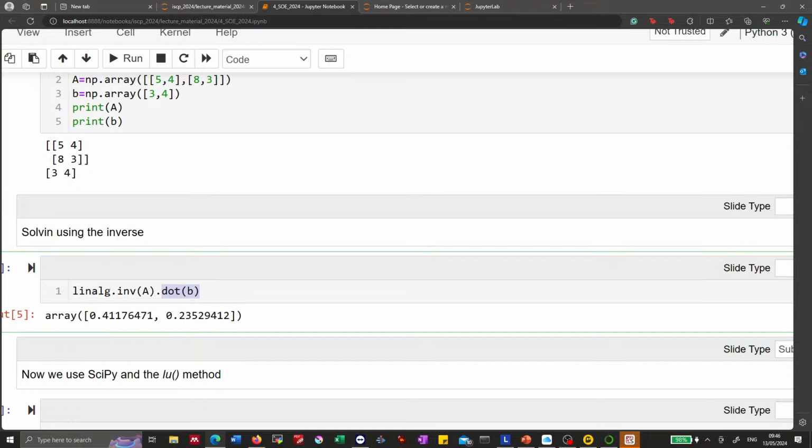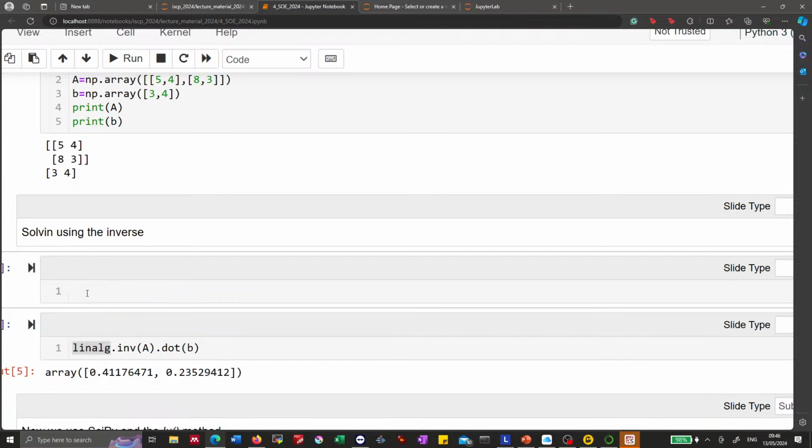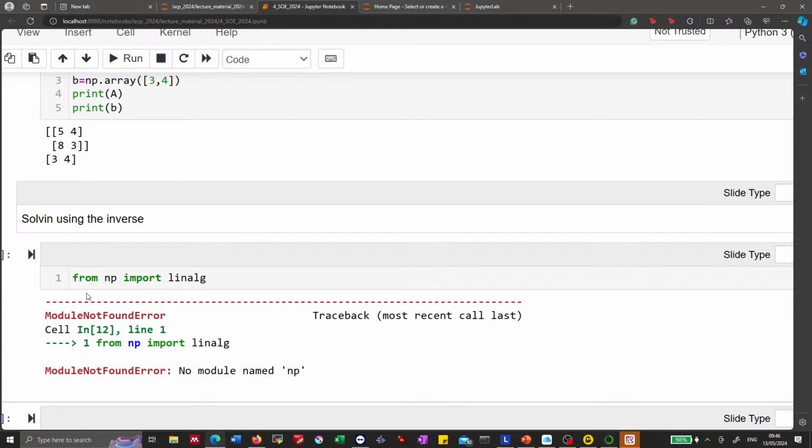Now, do you remember where linear algebra comes from? How do we import this? Was it like this? No?